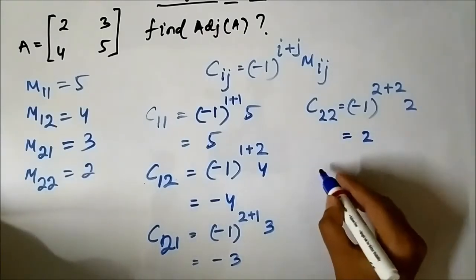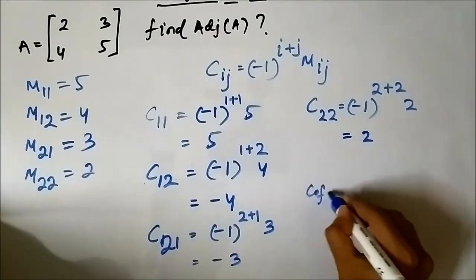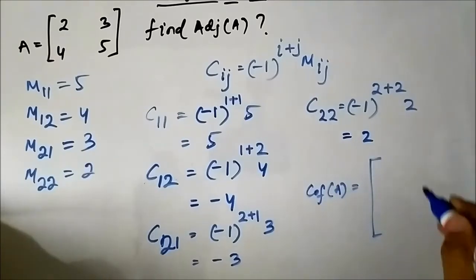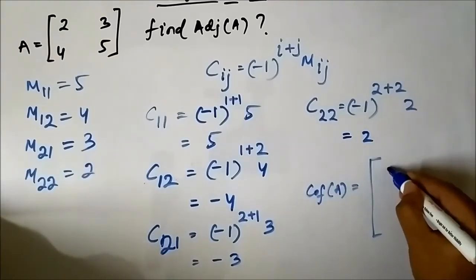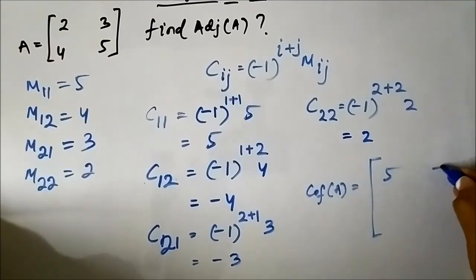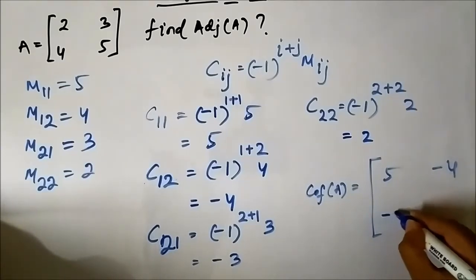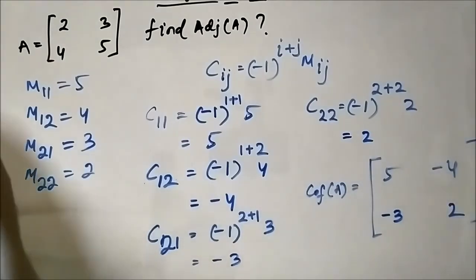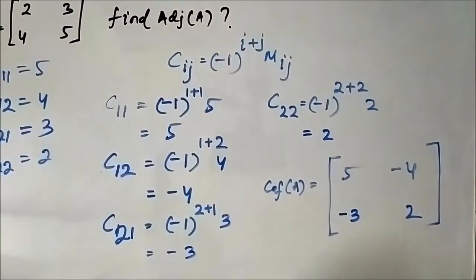So the cofactor matrix looks like this: C11, which is 5, C12, which is minus 4, C21, which is minus 3, and C22, which is 2. This is the cofactor matrix.